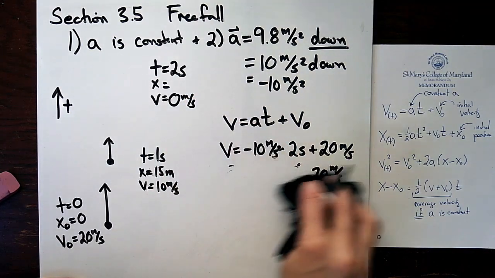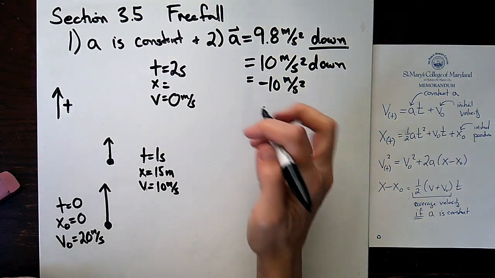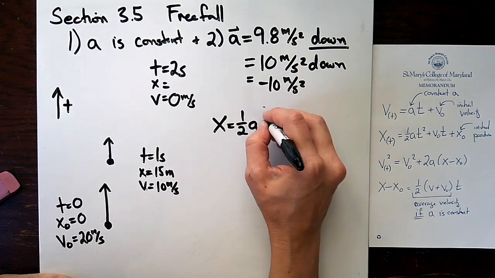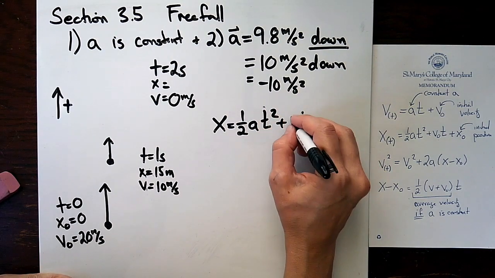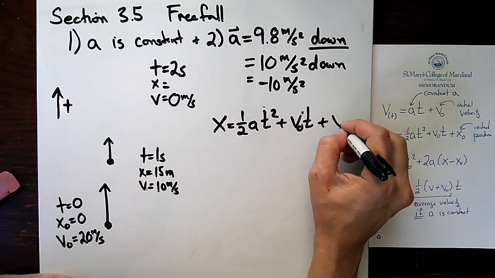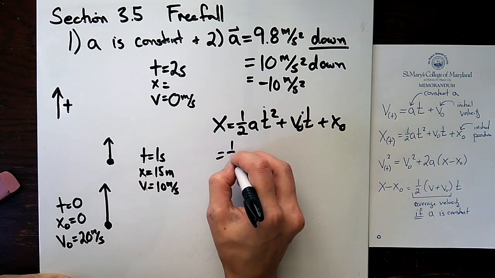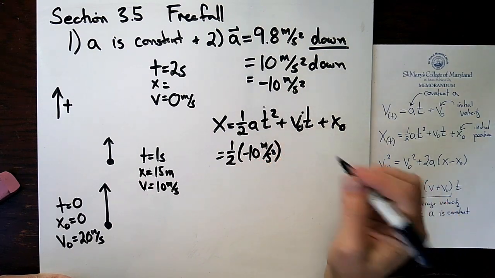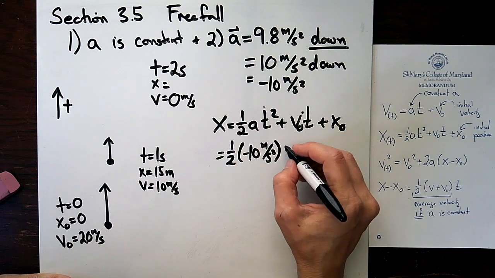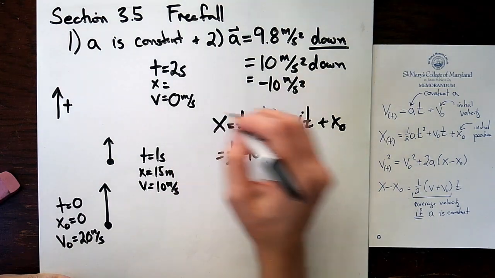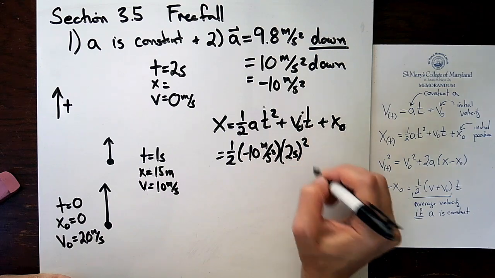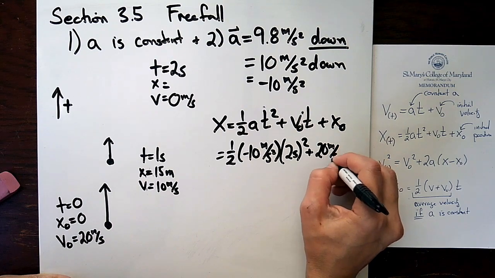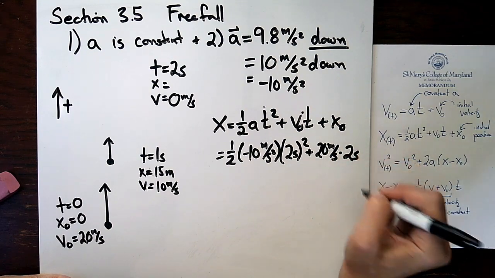Okay, let's see where we are. Position. That's equal to 1/2 the acceleration times time squared plus the initial velocity times time plus the initial position. 1/2 the acceleration is -10 meters over seconds squared, times 2 seconds, that whole quantity squared, plus the initial velocity, that's 20 meters per second, multiplied by the time, 2 seconds.